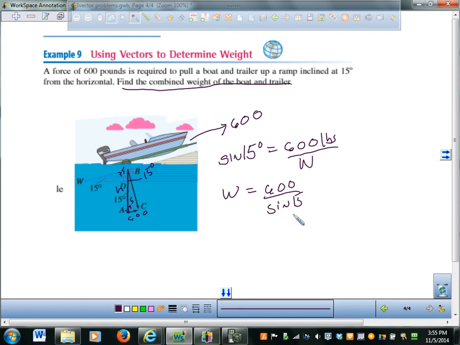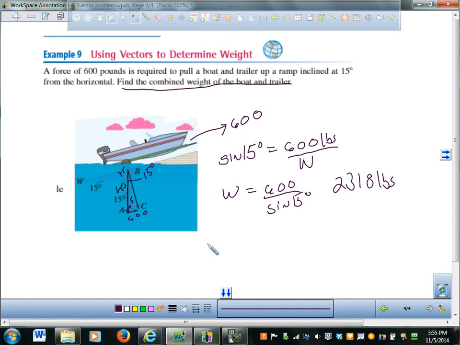And if I do that on my calculator, I get 2,318 pounds. 2,318 pounds is how much the boat and the trailer weigh together, if it takes 600 pounds to pull it up here.